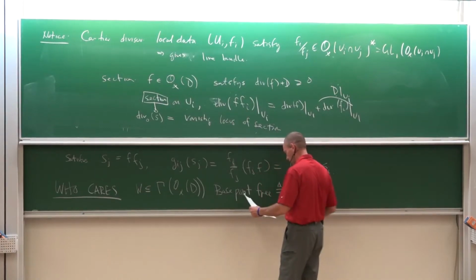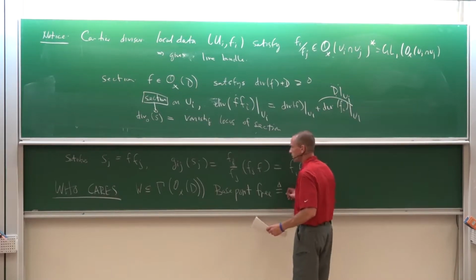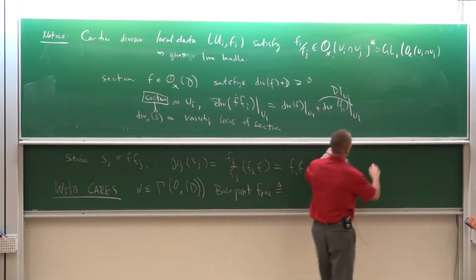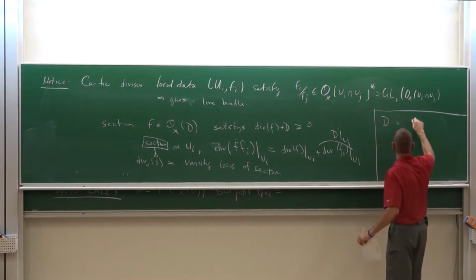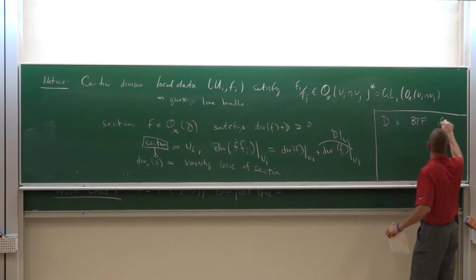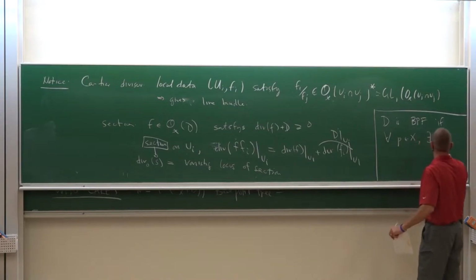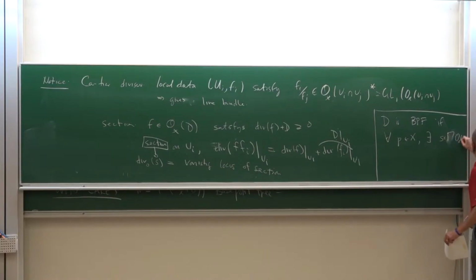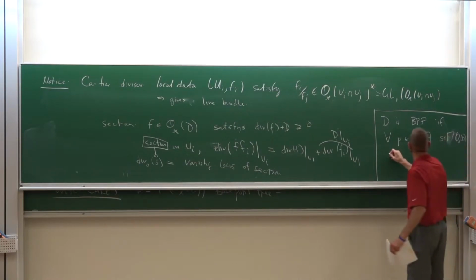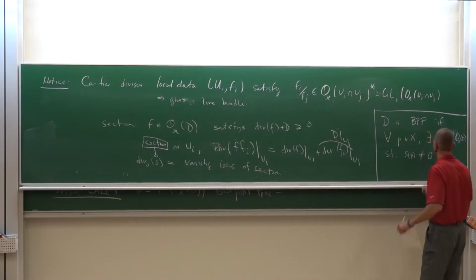By definition, a divisor D is base point free if for all points P in X, there exists a section s in O_X(D) such that s(P) is not equal to 0.